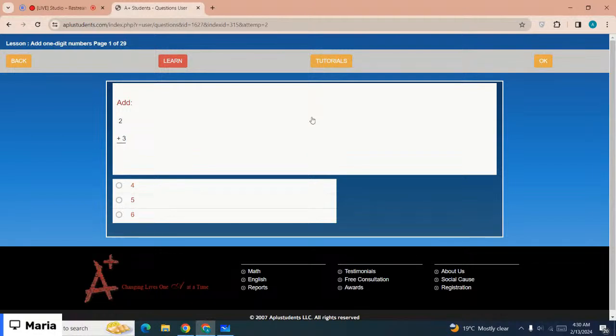Yes, the correct option is 5, not 15. 2 plus 3 makes 5.